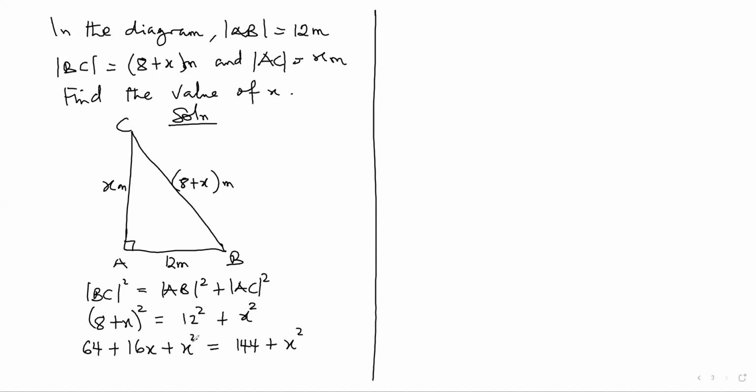Will cancel. So x squared and x squared will cancel. We'll be left with 16x equal to 144 minus 64. So 16x equal to 80. And if you divide through by 16, x is 5.